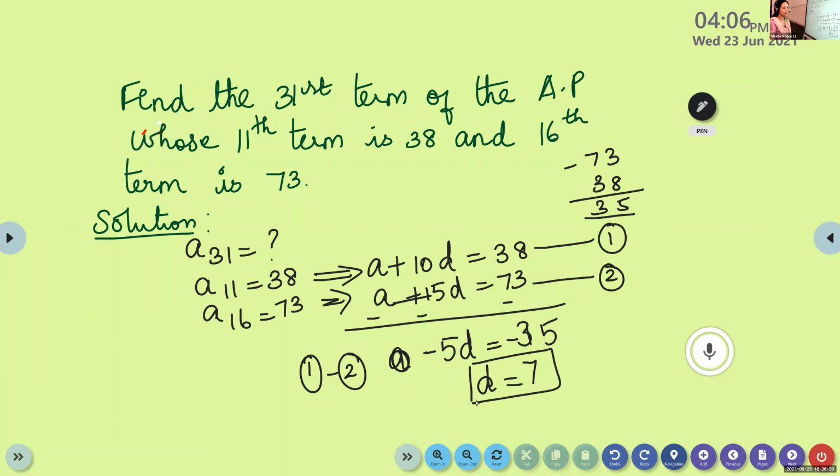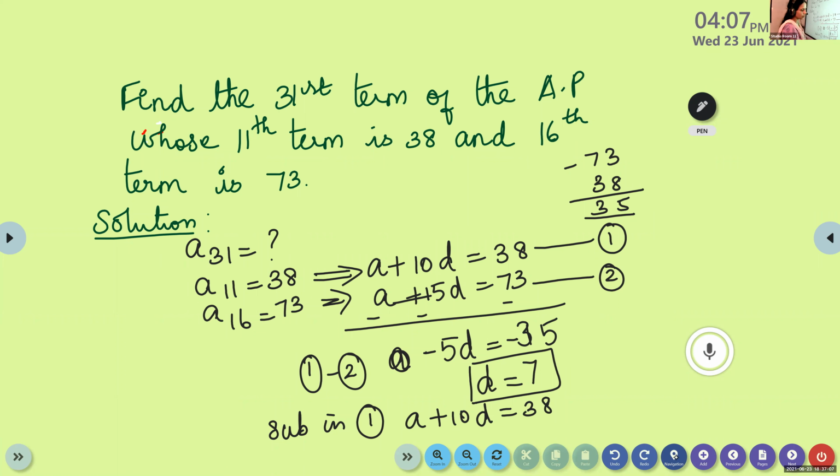Once d is 7, substitute this in either the first equation or the second equation. Suppose I am substituting in the first equation. We have a plus 10 into d is 38. Substitute for d, d is 7.